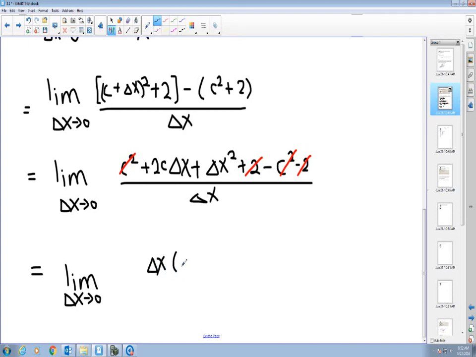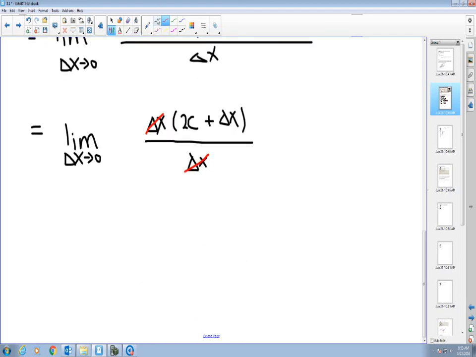What's left will be 2c plus another delta of x, over delta of x. The delta of x on top and bottom will cancel out, so what's left on top is 2c plus delta of x.